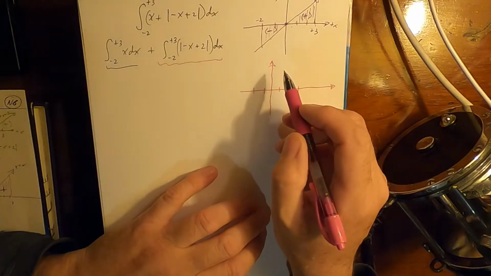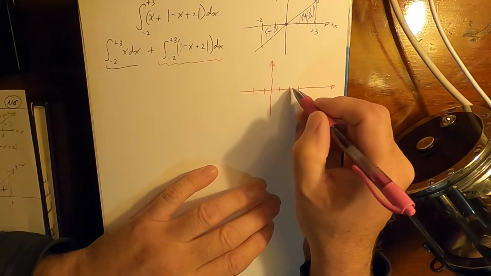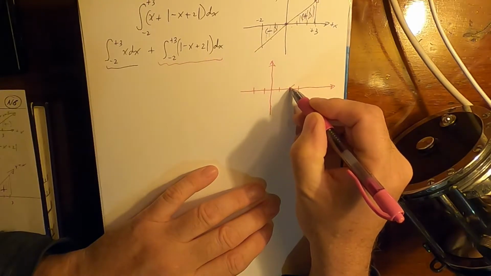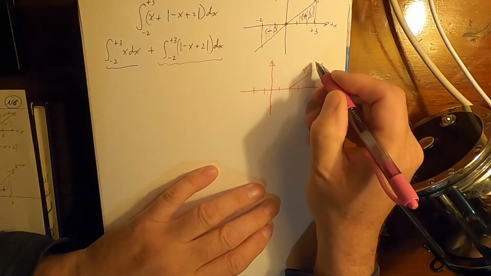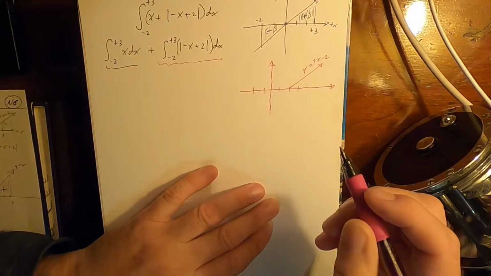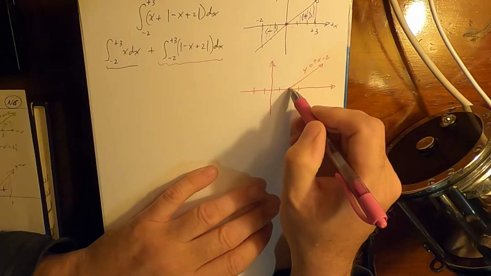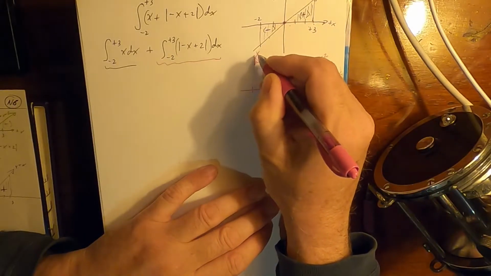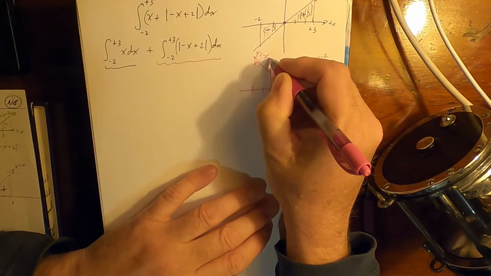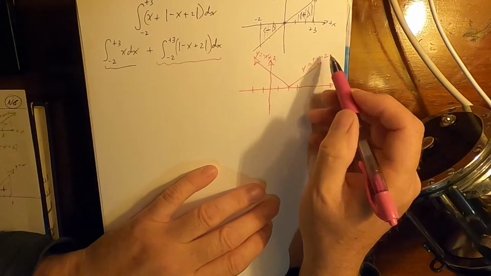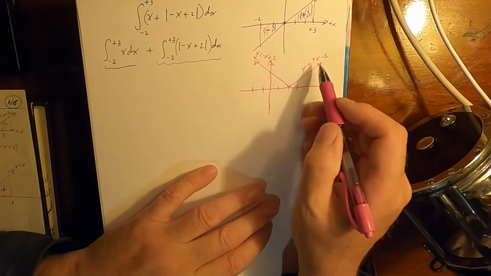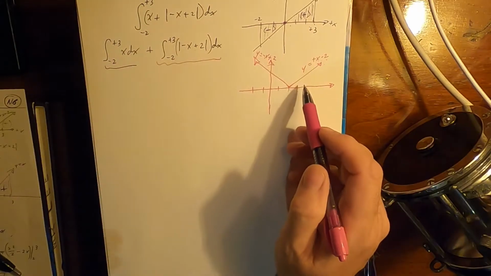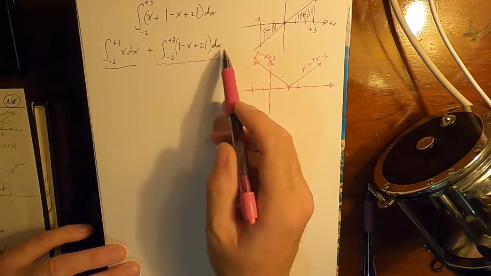The function is going to be like this: y equals x minus 2. Then it's going to take off this way, and that is going to be y equals minus x plus 2. So there's your absolute value function that we're seeing here.